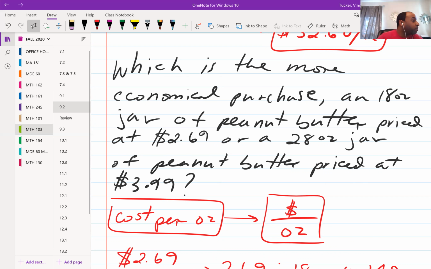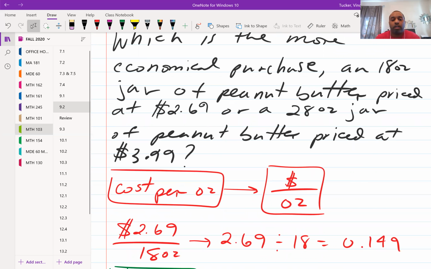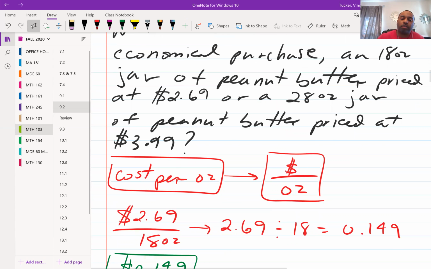How much are you paying per ounce? So the first one, we take the $2.69 and place it over 18 ounces. So you're paying 0.149 dollars per ounce.